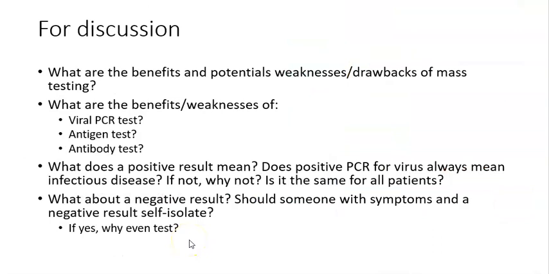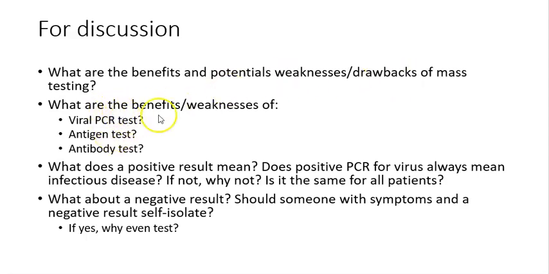Okay, so for discussion in the session on Wednesday, we will discuss the benefits and weaknesses of mass testing. So we're currently testing a lot of people who are negative. We're possibly getting a few false positives, which could be causing problems. We could be having tests which are not 100% accurate, not 100% sensitive.